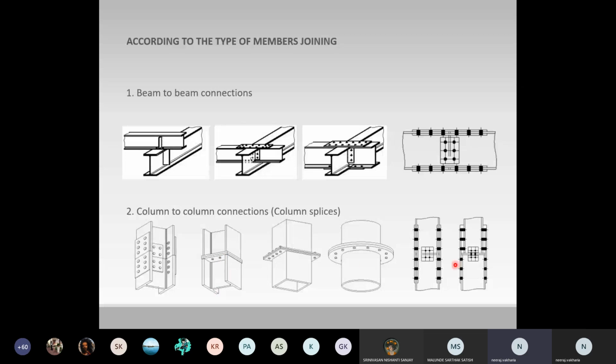I don't think there is an image here with different cross sections, but if the larger cross section is at the bottom, we provide a flat plate over it, and then the smaller section is fixed on that flat plate, so that the smaller section distributes the load to the plate, and the plate then redistributes it to the larger section below.